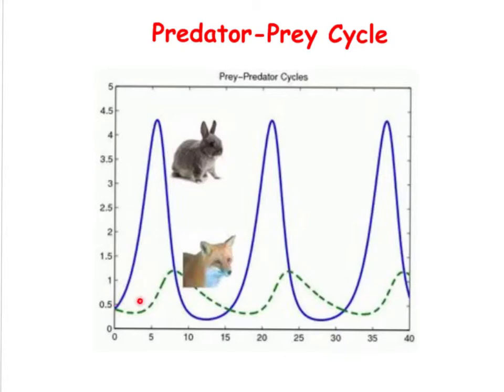And you can see how as the rabbit population exceeds its carrying capacity up here, it allows the fox, or whatever the predator happens to be, to rise as well and peak here as the prey population starts to plummet and crash on this side, and the predator population then follows that a bit here. And you can see how the predator cycle follows that prey cycle as well. It's called the predator-prey cycle.